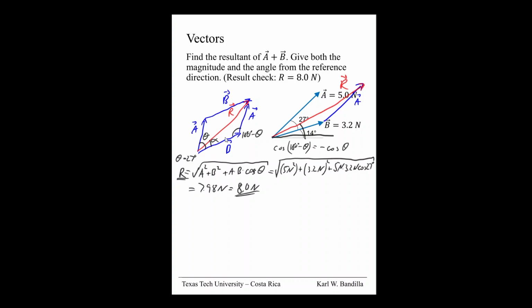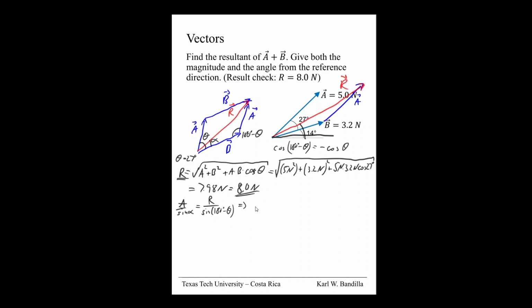So it would be A over sine alpha and R over sine of 180 minus theta. So we write that out. Then we can say A over sine alpha would be the same as R over sine of 180 degrees minus theta.